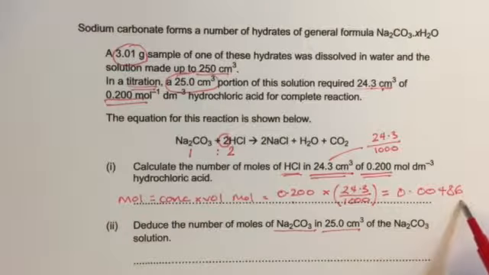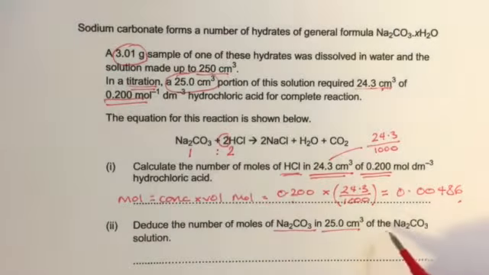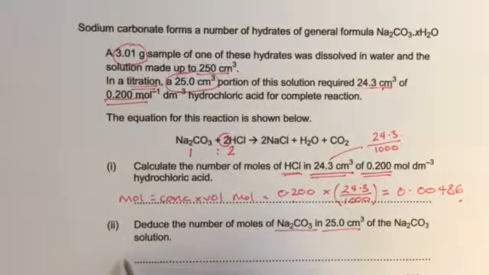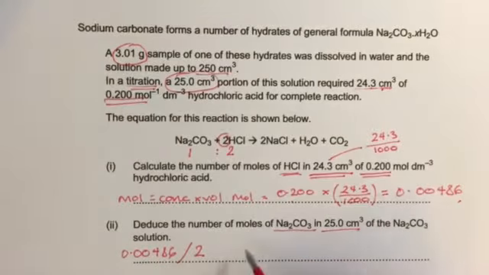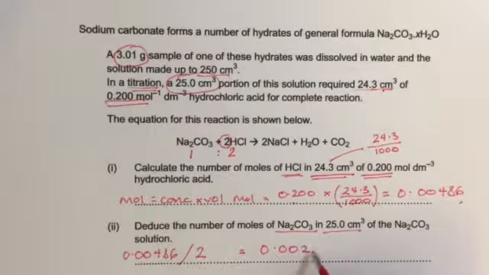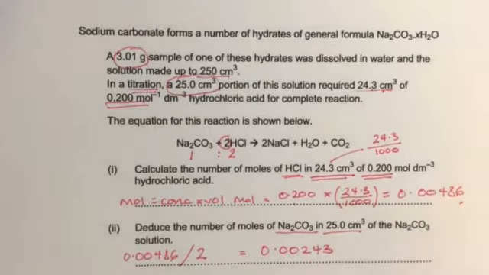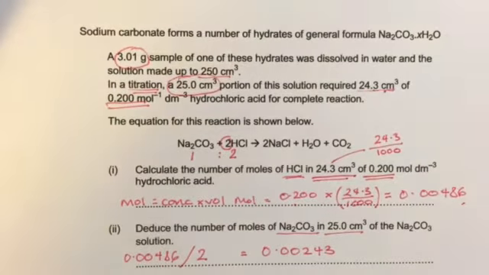We've got this many moles of acid. The question is very nicely leading us to the next bit. We must have 0.00486 divided by 2 moles of sodium carbonate, which is 0.00243. Okay, next one.